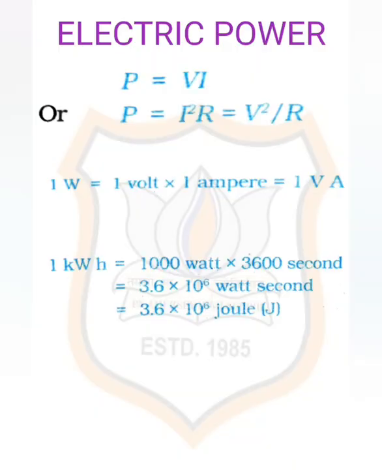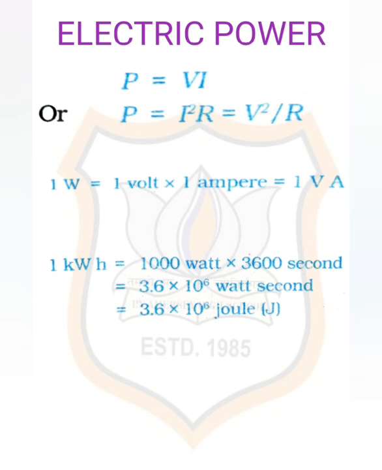Next, electric power. We have studied in earlier classes that the rate of doing work is known as power. This is also the rate of consumption of energy. So, our last equation gives the rate at which electric energy is dissipated or consumed in an electric circuit. This is also termed as electric power.